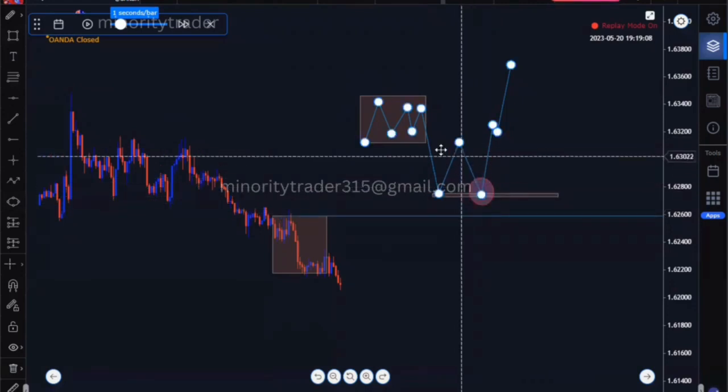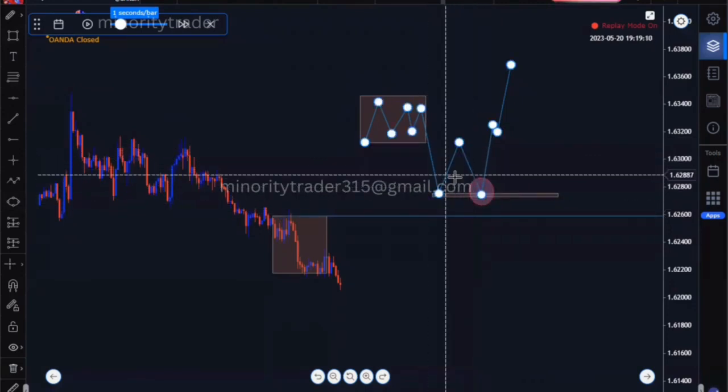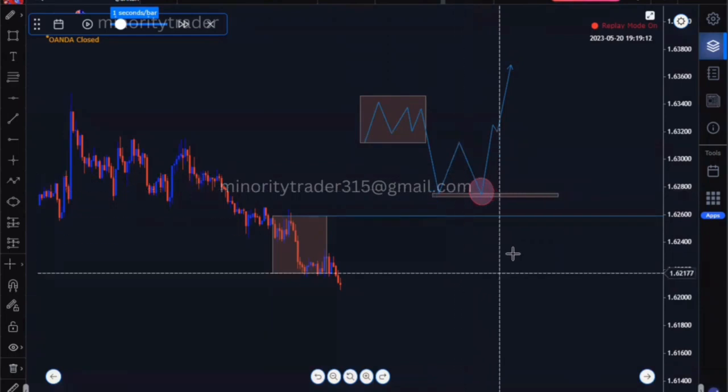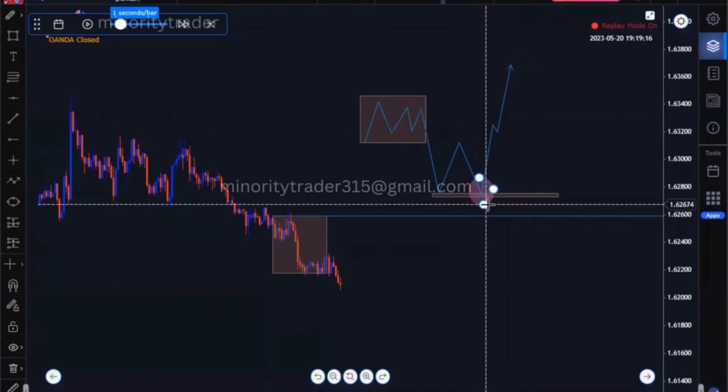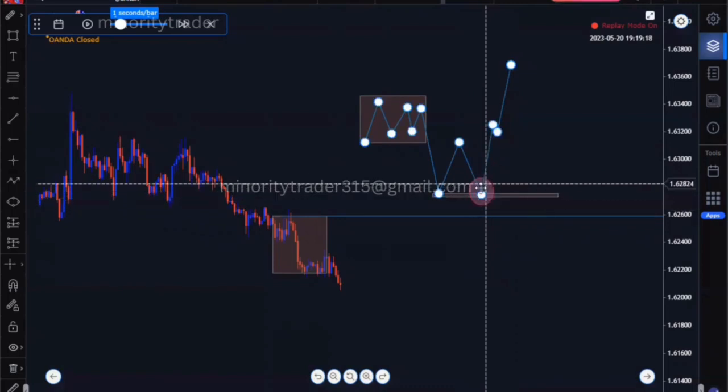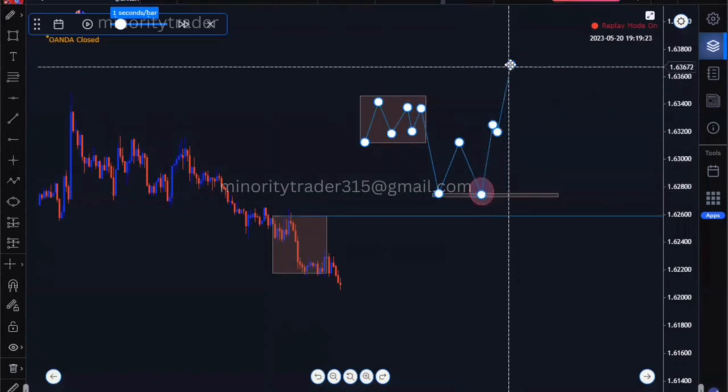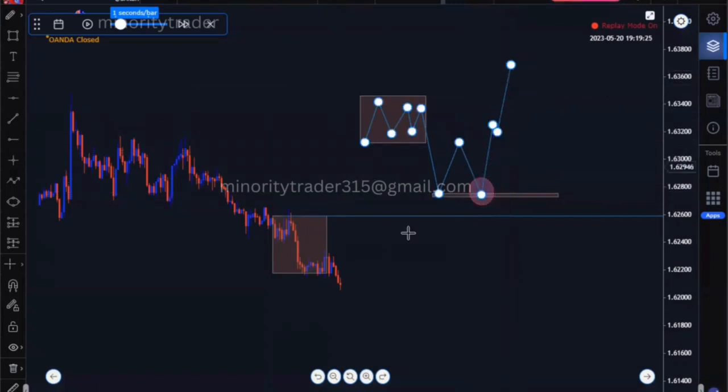Inside here there is no trade opportunity. Your only trade opportunity comes from this second leg, and you're waiting for specific candlestick patterns at this level for you to engage a buy opportunity going back up bullish. Right, so let's keep playing this and see how the market is behaving.